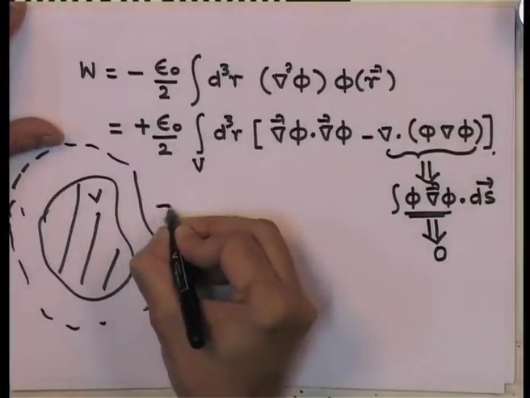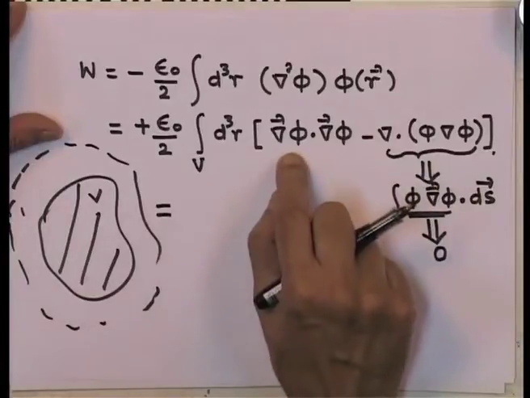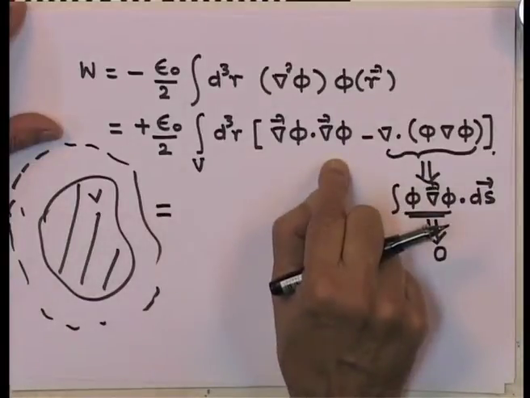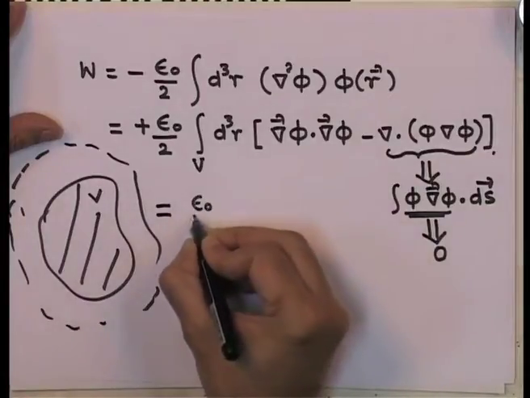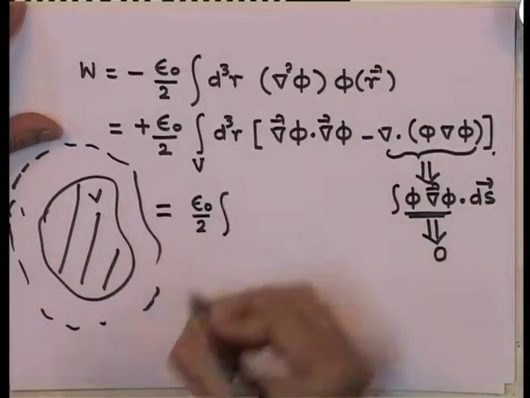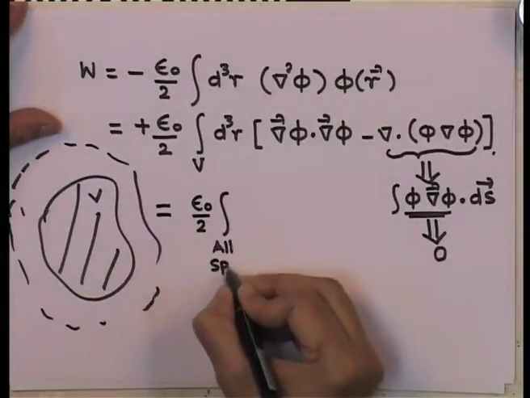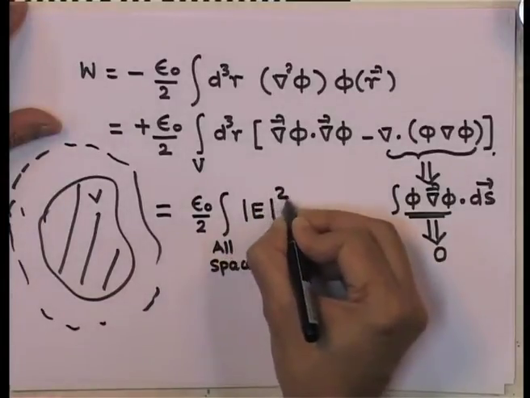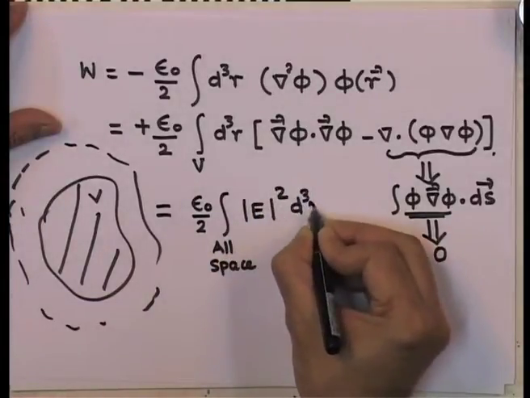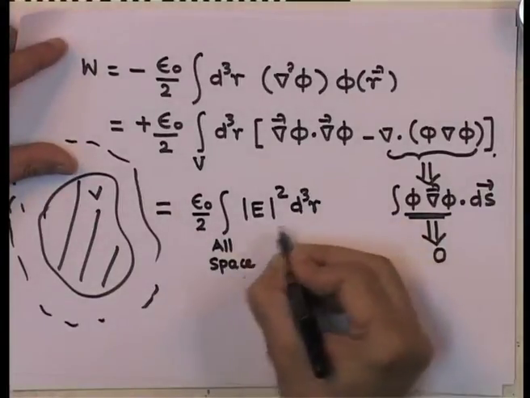So, therefore, I need to concentrate only on this term, and since minus gradient of phi is the electric field, this expression gives me epsilon 0 by 2 over all space modulus E square dq bar, and you notice this is an integral over positive terms only.